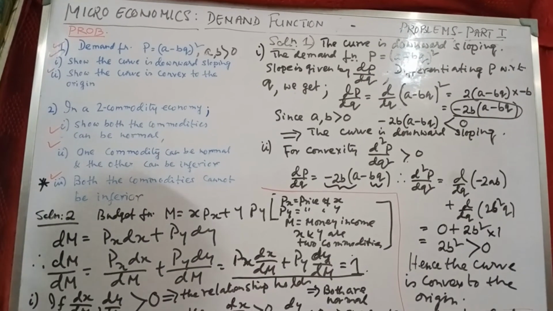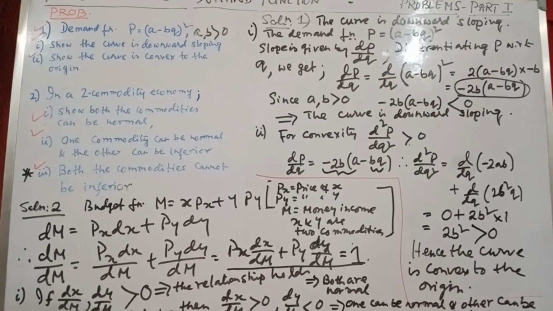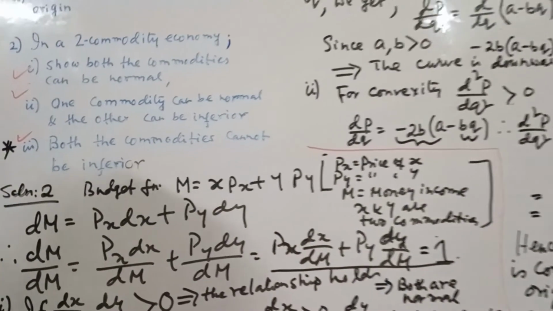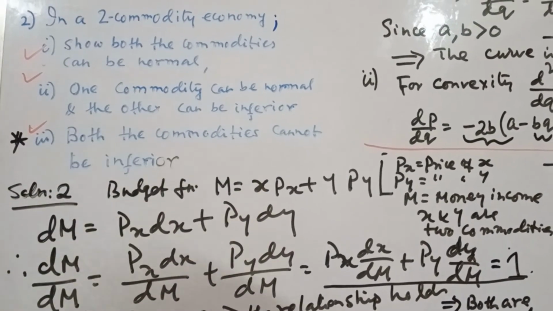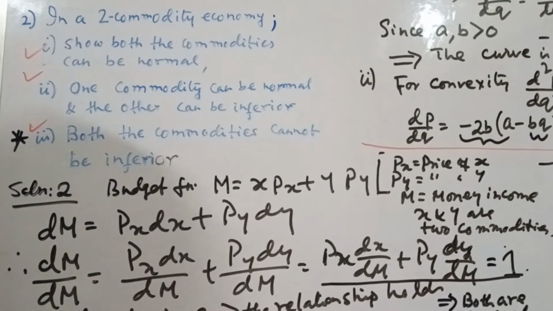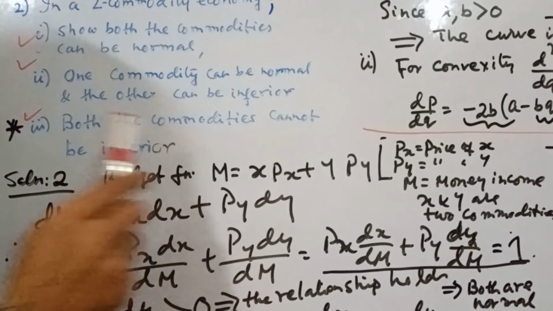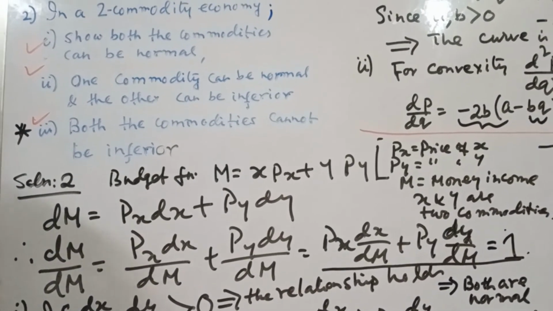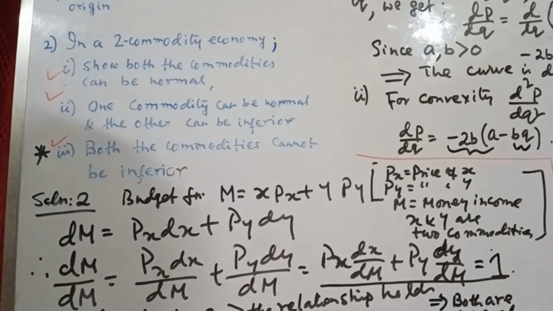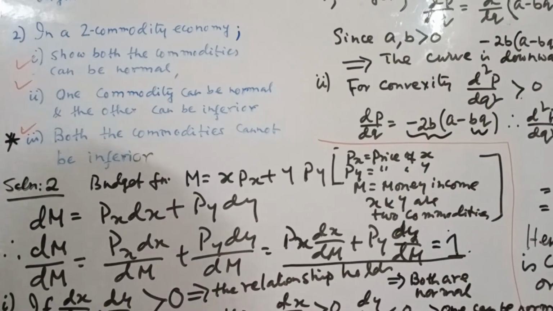One commodity can be normal and the other commodity can be inferior. And number 3, the other possibility, both the commodities cannot be inferior. That means this is not possible. It is impossible that both the commodities are inferior in a two commodity economy.